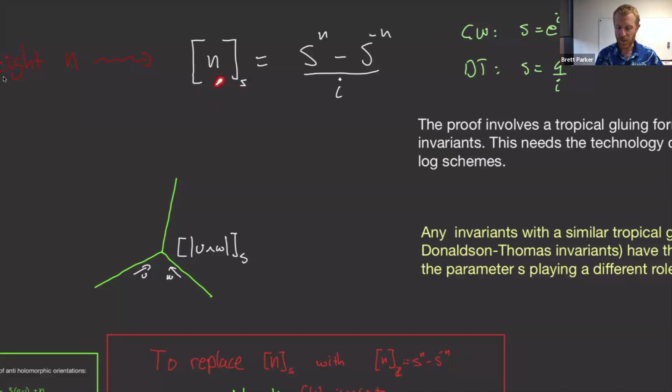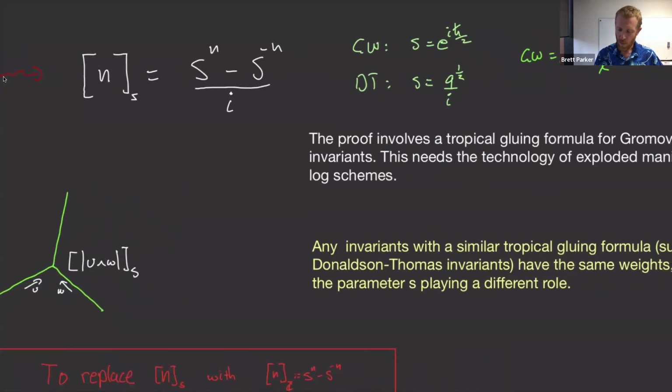So before the weight was just an integer n, now it's this quantum deformation of n where s is e to the i h bar over 2. So this is something like sine of n h bar over 2, or yeah, something like that.